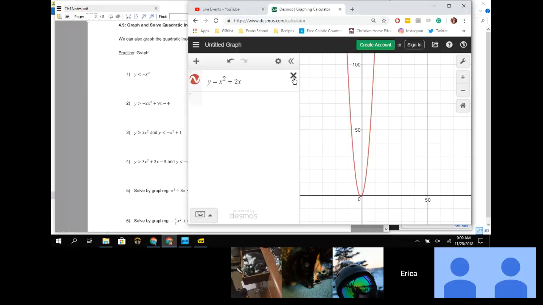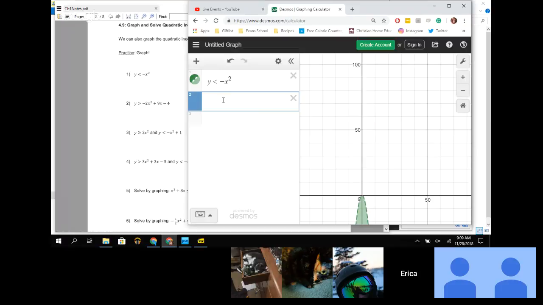Okay, so this is where Desmos does a little bit better job. Sometimes the TI definitely wins with your matrices, but Desmos definitely wins with graphing inequalities because it will actually recognize that this is an inequality.